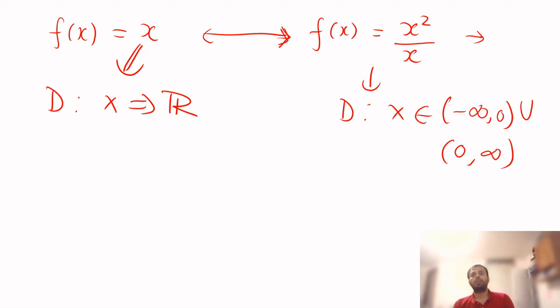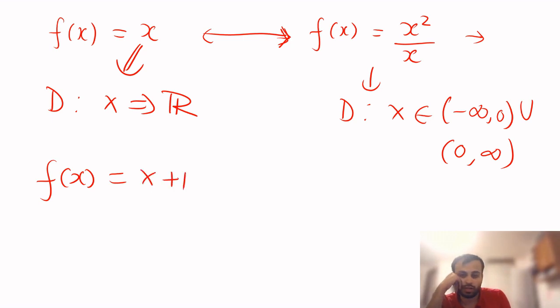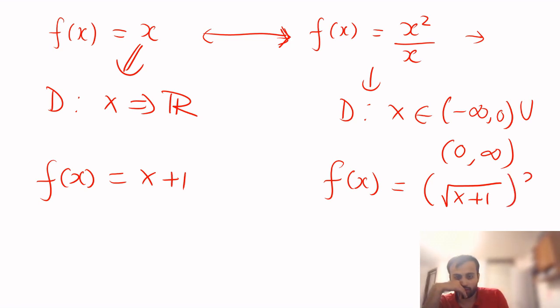So that's why it's very important, whenever you're trying to calculate the domains or ranges, not to simplify your expression, because then you might lose some part of the information. Again, I think the same thing could be said about, let's say, a function f of x, square root of x plus 1 raised to the power 2.